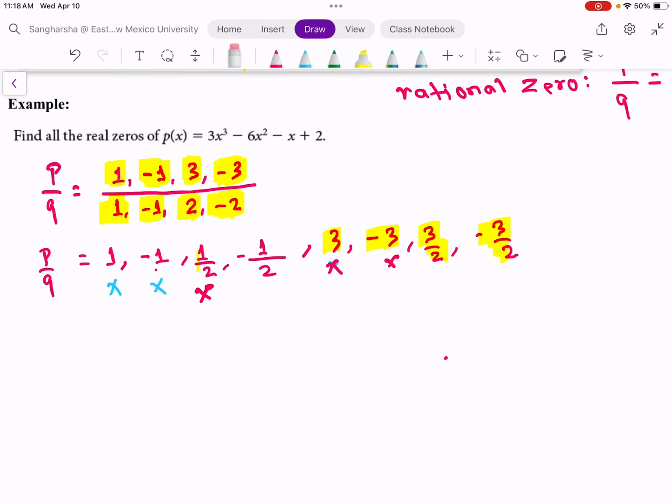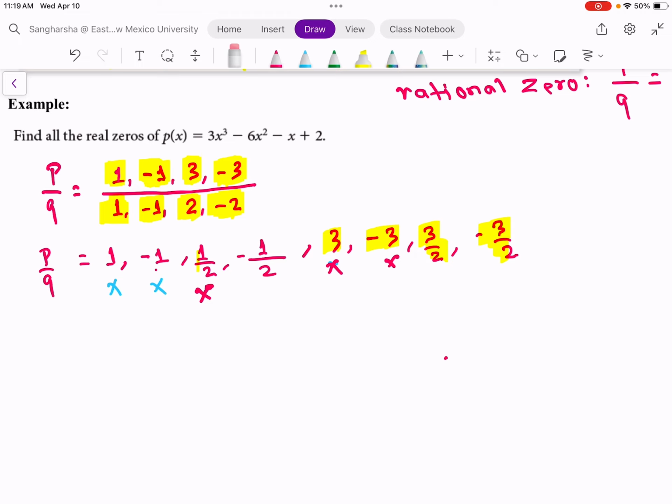Okay, let me double check 1 and negative 1. In general, we always look at 1 and negative 1. Let me double check. So we have 3 minus 6, that is minus 3, minus 1, that is minus 4, plus 2. Okay, 1 is not a real zero. Let's try negative 1. We get negative 3 there, and we get negative 6, negative 9.